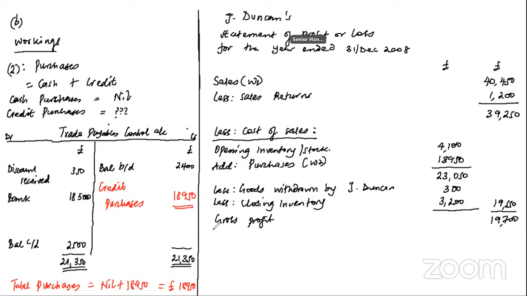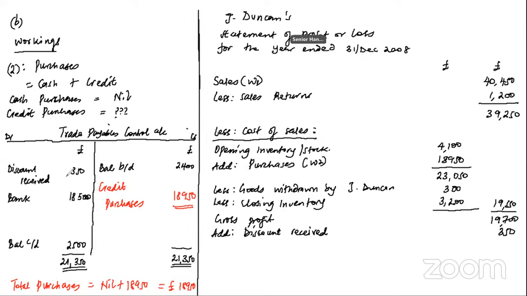On this, of course, we shall have to add the discount received because this is an income. Our discount received is 350.